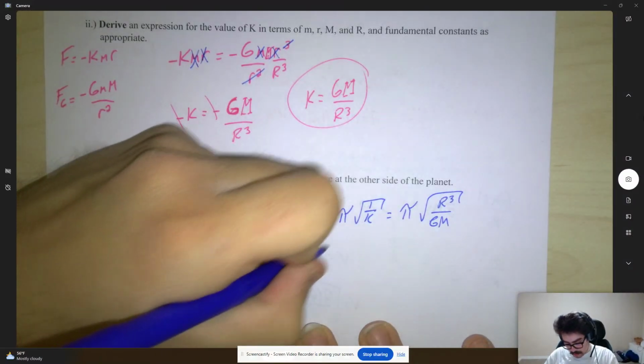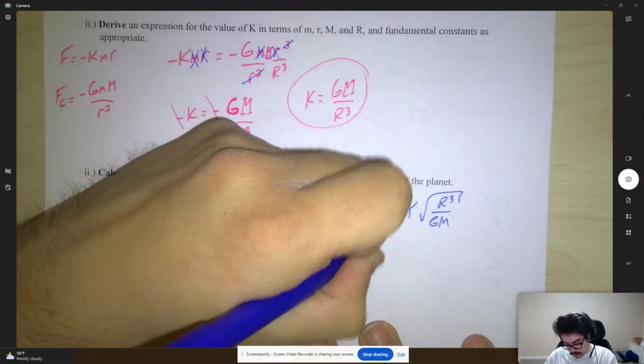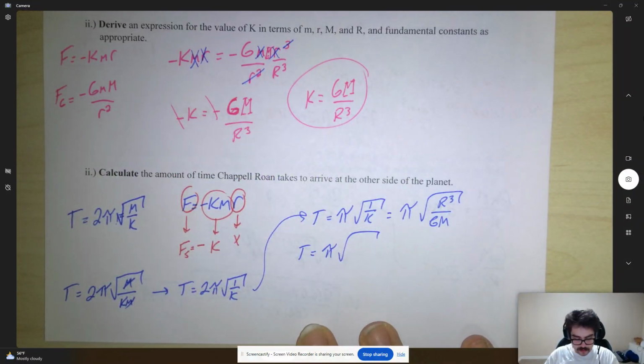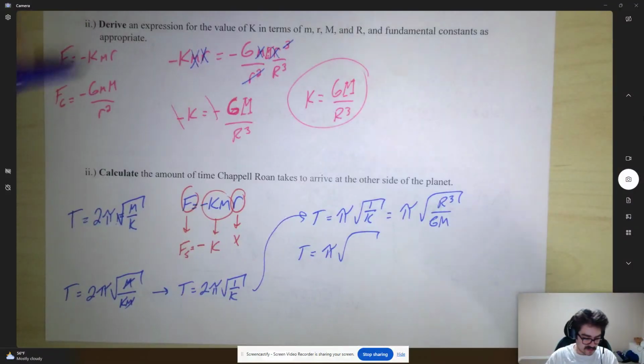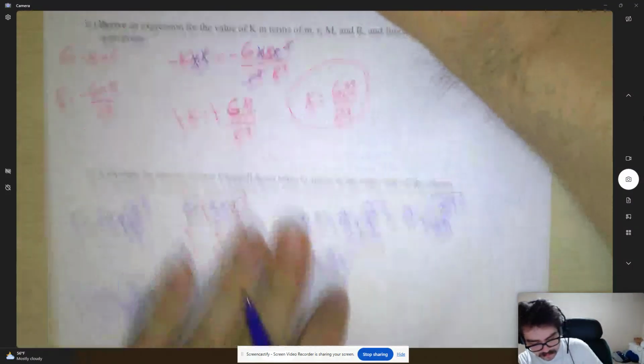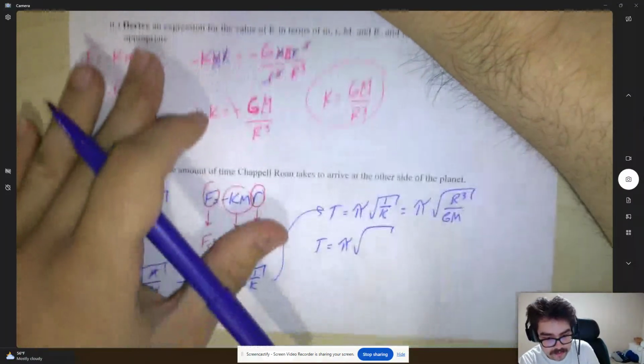So T is equal to pi times the square root of, what's my R, radius of the planet cubed, which is like 1651, if I'm not mistaken, right? 1561. Sorry, I mixed up the numbers.